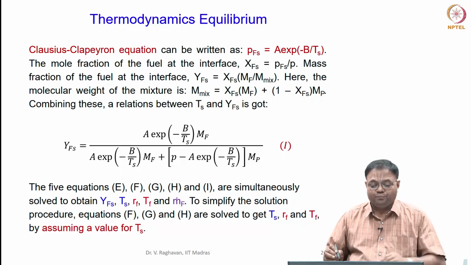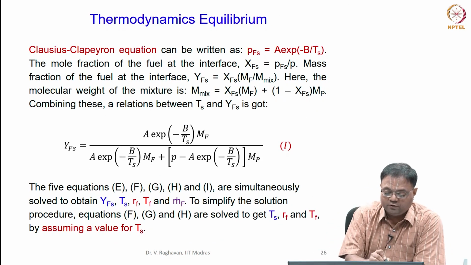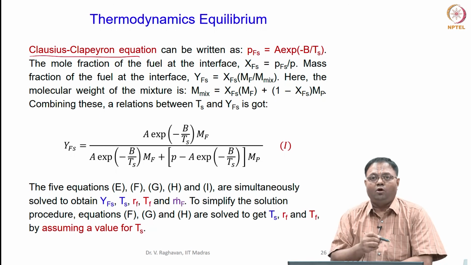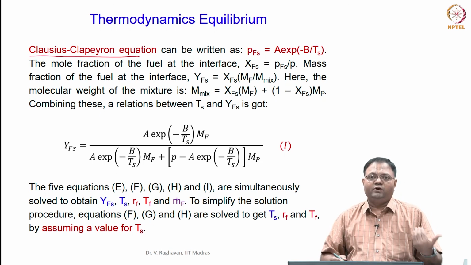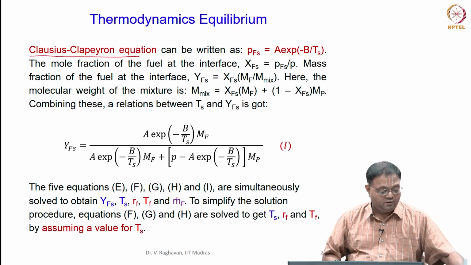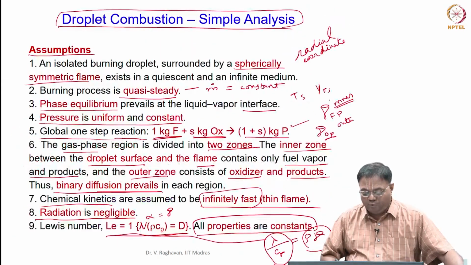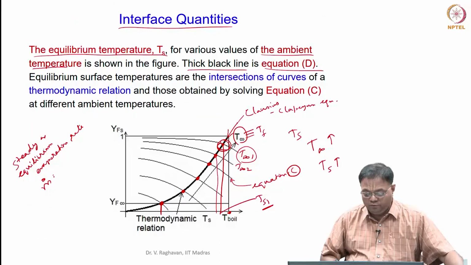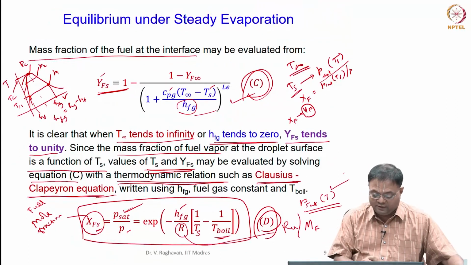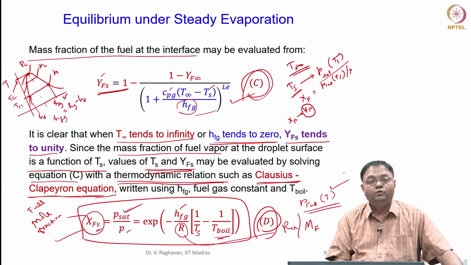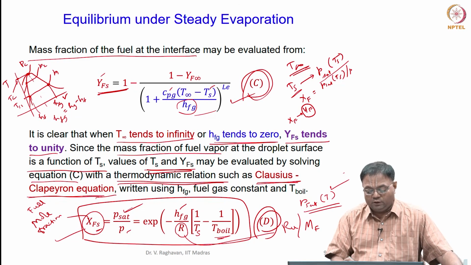Now, go to that. So, the Clausius-Clapeyron equation, as we have seen already, is written in a different form when I saw this droplet evaporation problem. Here this is the Clausius-Clapeyron equation. So, XFS equals P saturation by P equals exponent of this.